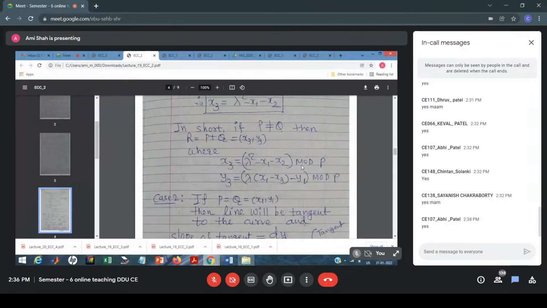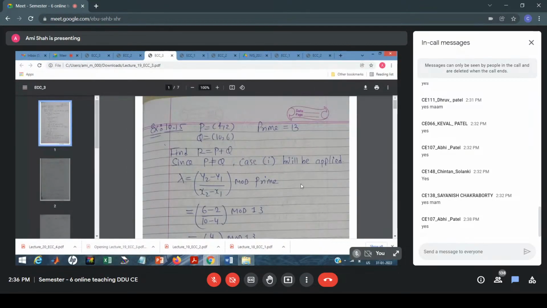When this case is used, how do we find the other point x3, y3? x3 is calculated by lambda square minus x1 minus x2 mod P, and y3 is calculated by lambda in bracket x1 minus x3 minus y1 mod P, where lambda equals y2 minus y1 divided by x2 minus x1.